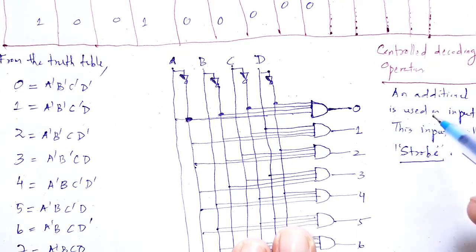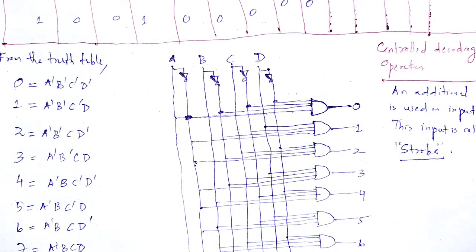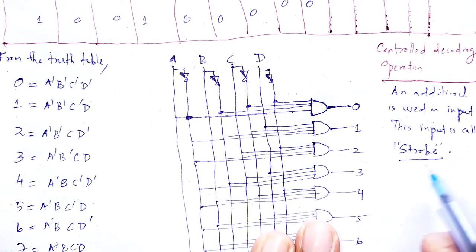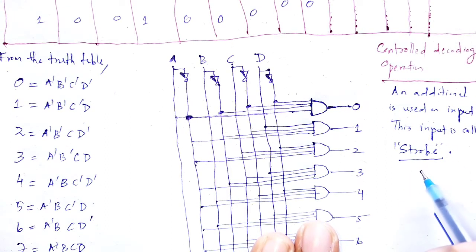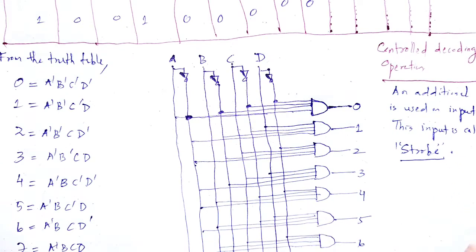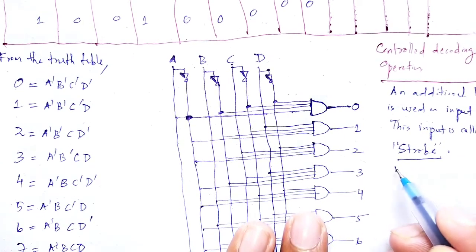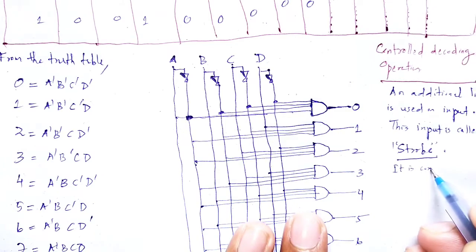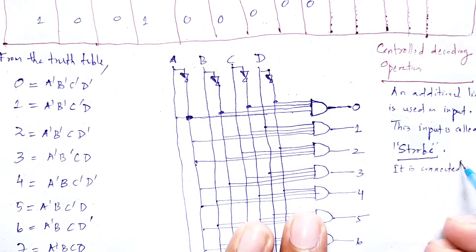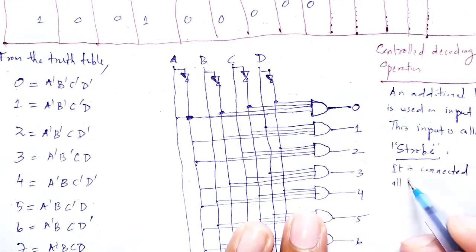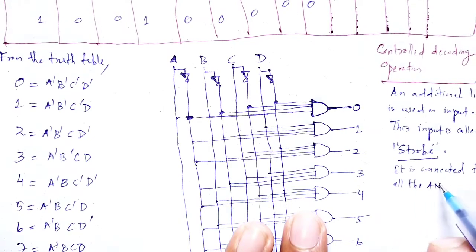So, when decoding starts, the strobe is connected to all the AND gates.